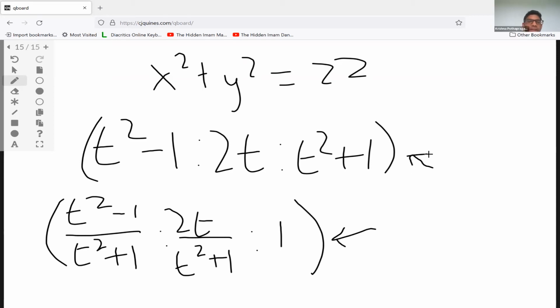So this is the same point as this one, and we can see it as a limit as t goes to infinity: 1, 0, 1. Right. Okay, any more questions on this one?